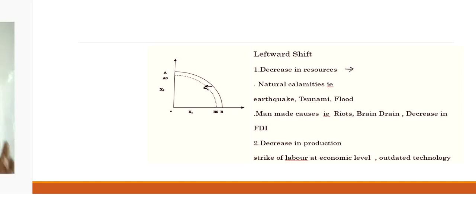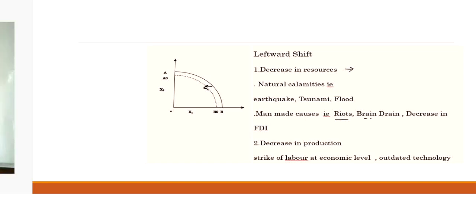There are certain man-made causes also responsible for this leftward shift. Man-made causes means riots. Riots means wherever there are riots, people harm public property. They put buses on fire, they put buildings on fire. What is the result of such kinds of activities? The result is decrease in resources.